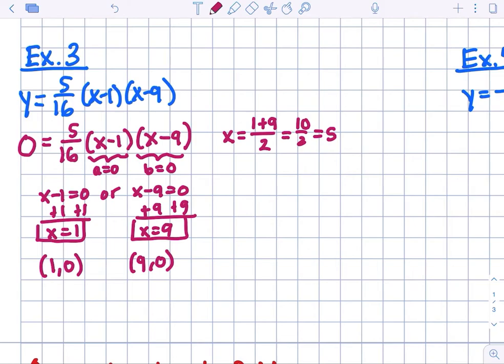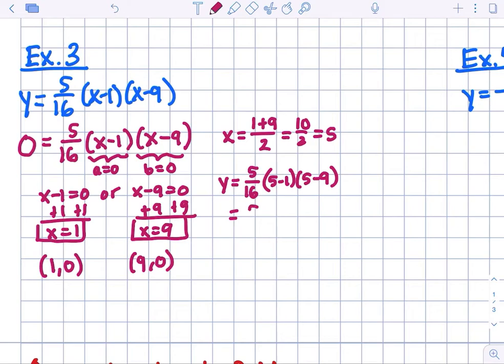Now in step 3, we have to plug this value into the original. So y is going to equal 5 over 16, (5 minus 1) and (5 minus 9).